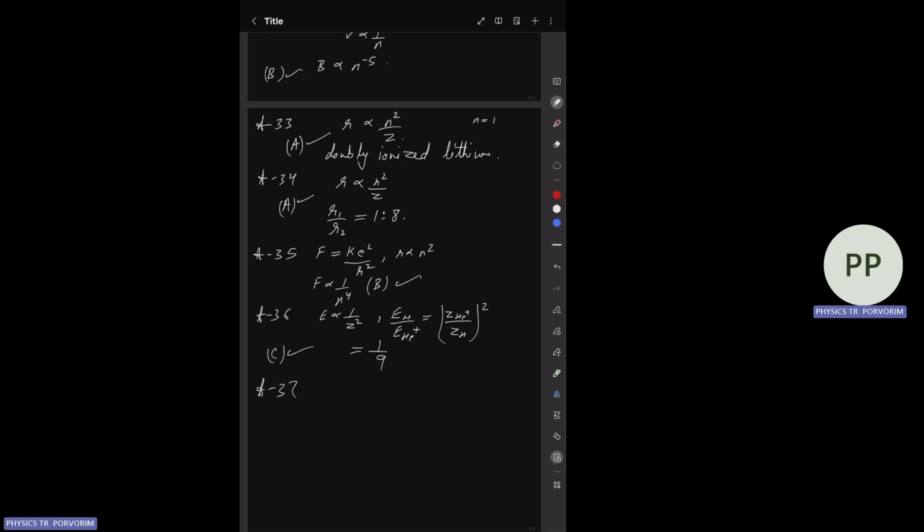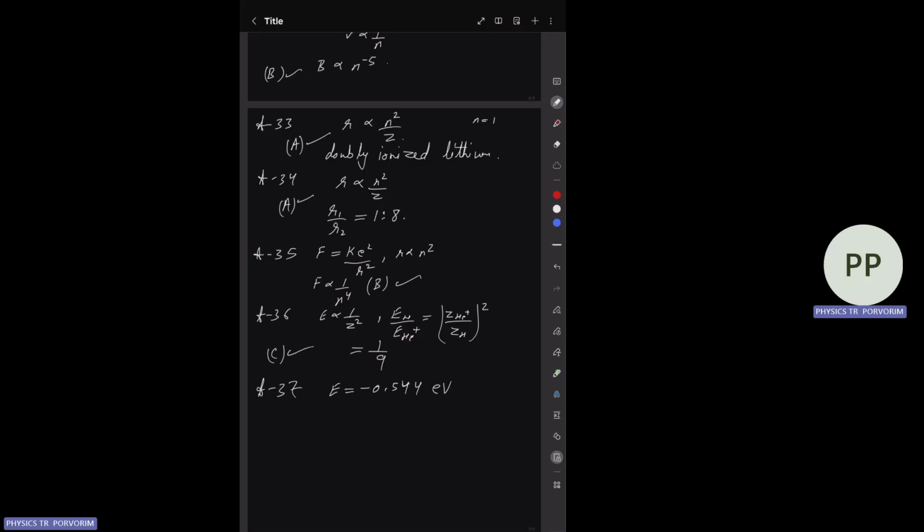Now question 37. What is the angular momentum of the electron in Bohr's hydrogen atom whose energy is minus 0.544 electron volt?